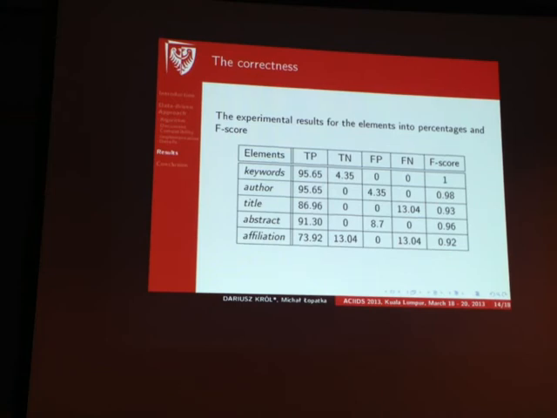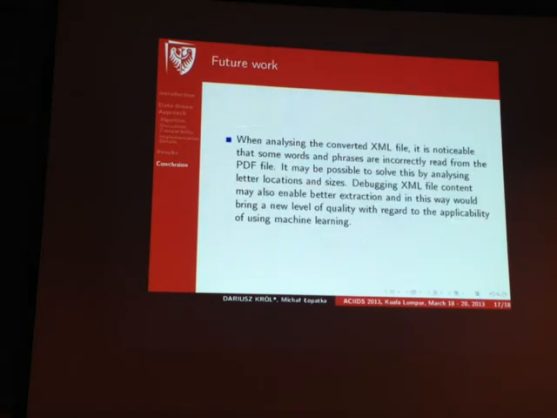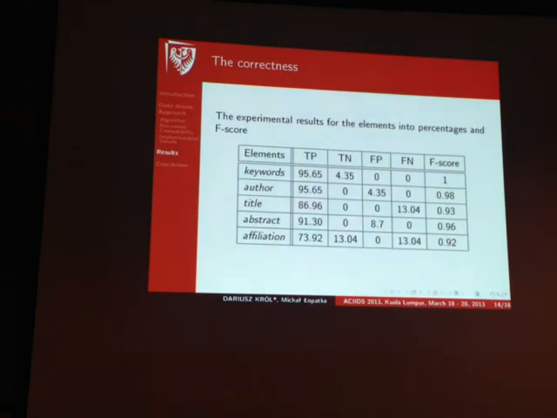If we use keywords, author, abstract, and only this, the percentage is really high. But if we want to recognize all the elements, it's going down for the next element.